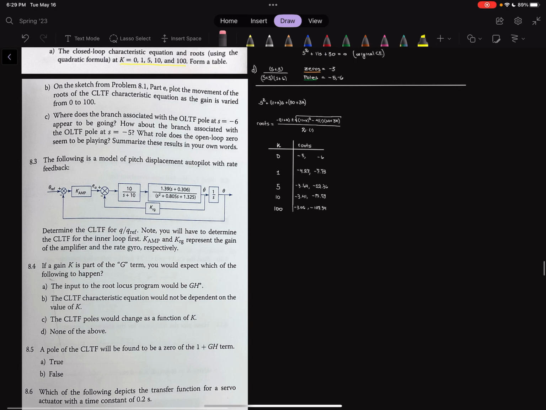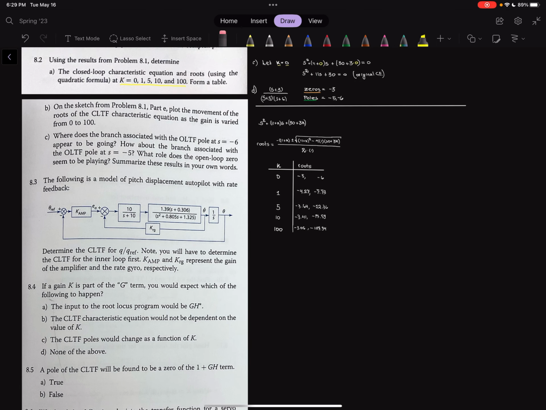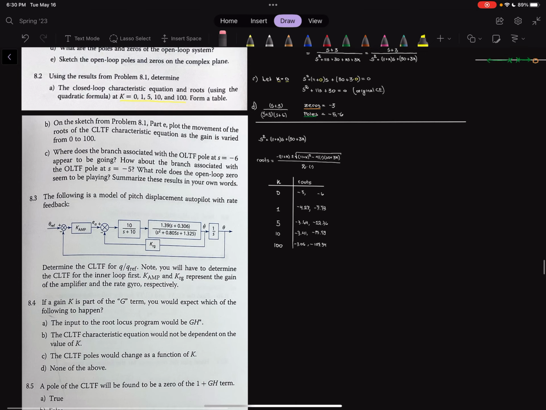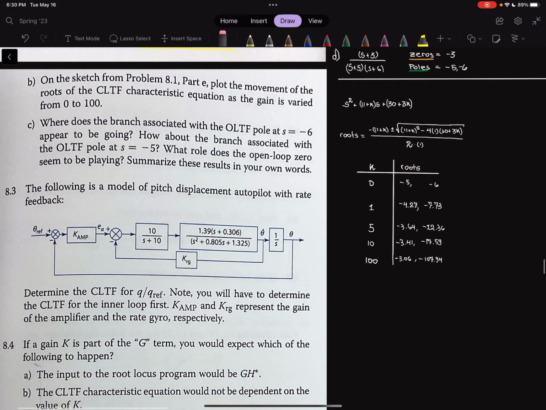Now, where does the branch associated with the OLTF, which stands for open loop transfer function, pole at s equals -6 appear to be going? It's approaching -infinity. How about the one at -5?